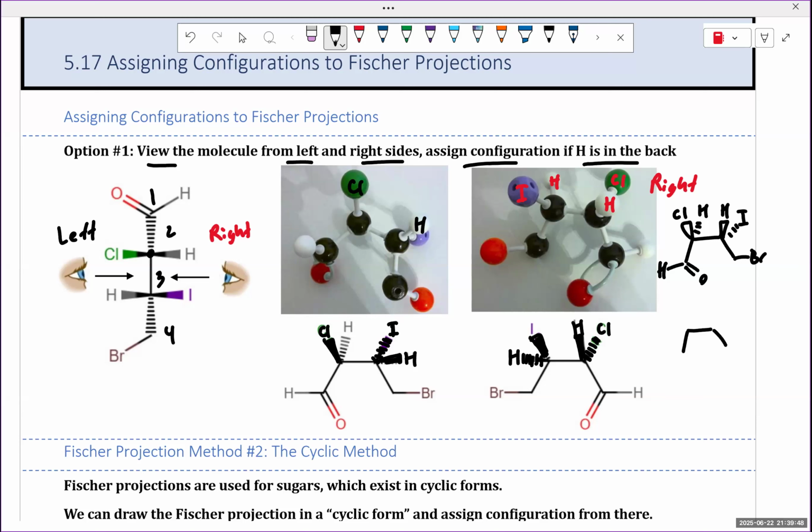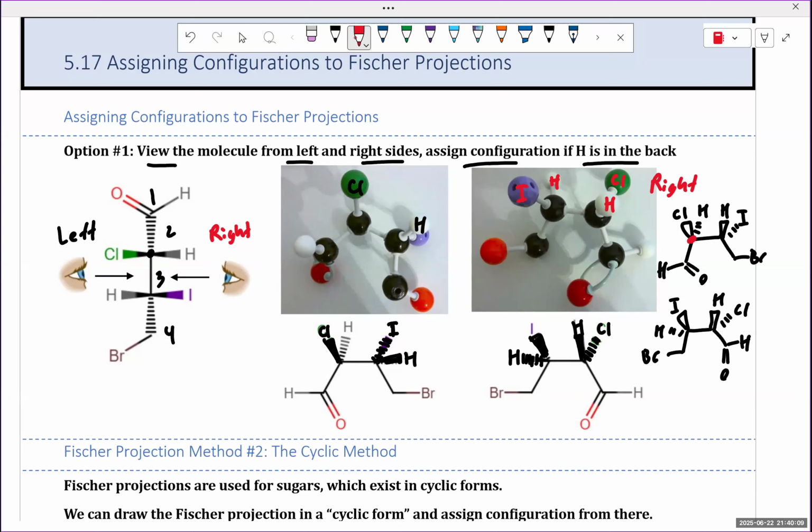Here's our first view, and here's our second view. You can get these exact same views and perspectives with a model kit. All you have to do is look at the Fischer projection from the left and right. From here, we can now assign priority.